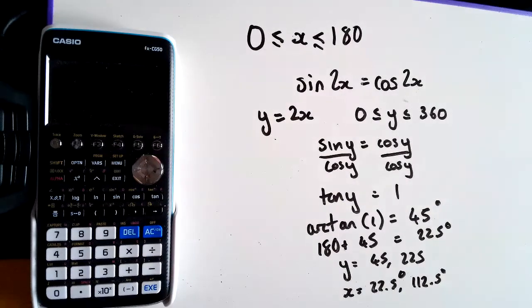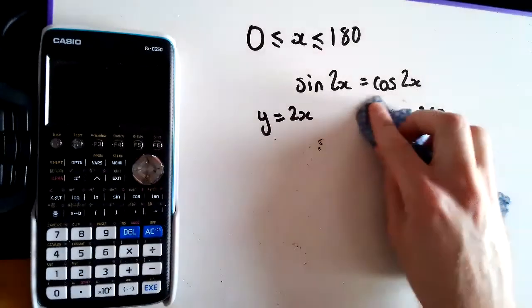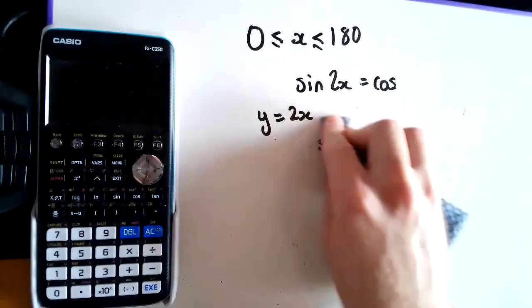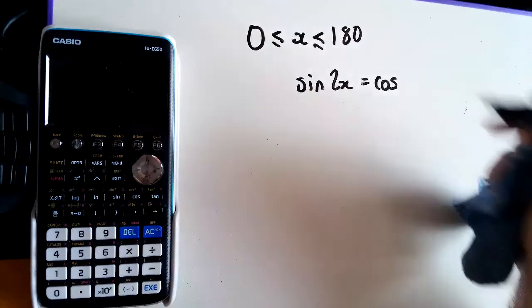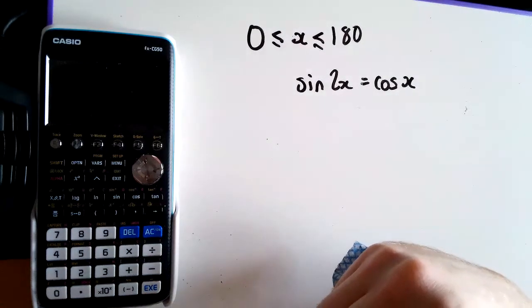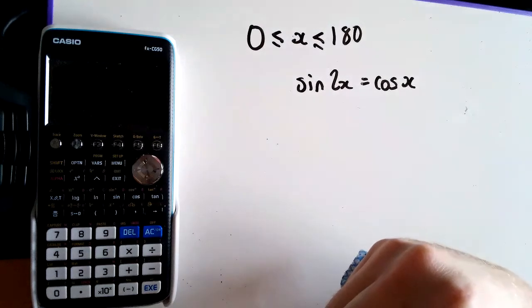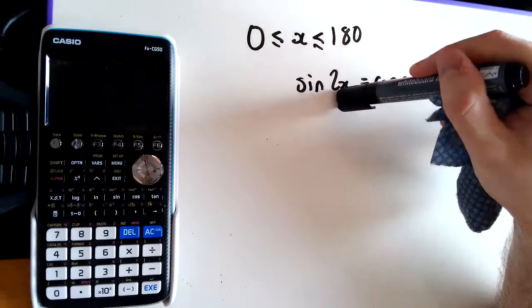Now, if I changed the question to this, so it's not a 2x anymore, it's just an x, think, why can't I still use the same technique? Why can't I call that y?